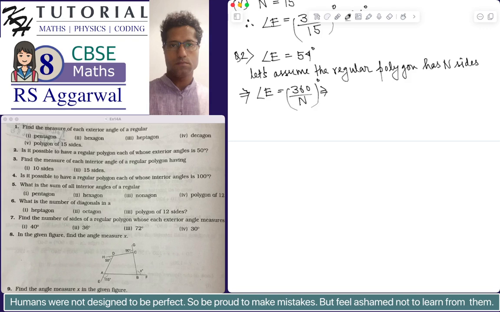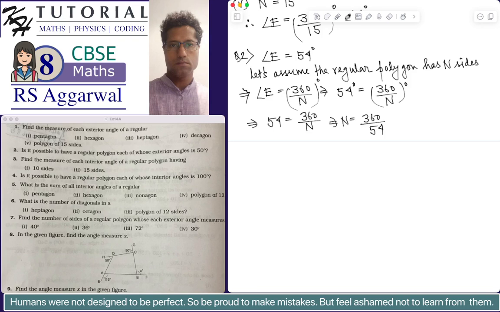The measure of each exterior angle is given to be 54 degrees. So we can say 54 degrees is equal to 360 by n. We can ignore the degree, so 54 is equal to 360 by n. So this implies n will be equal to 360 divided by 54.